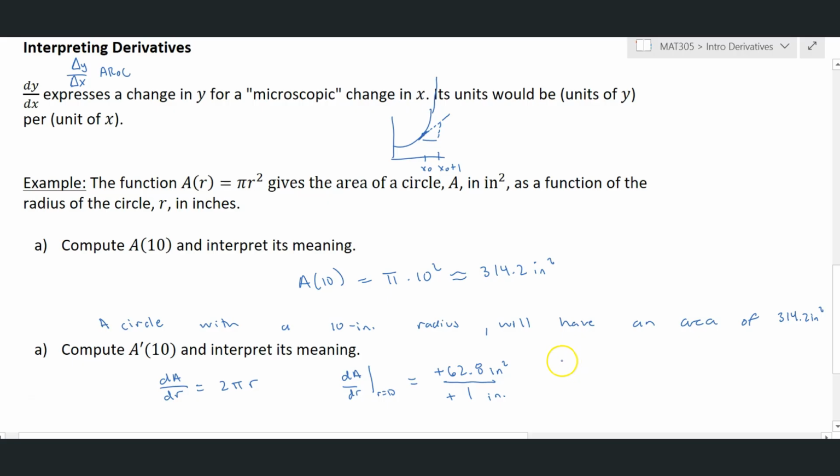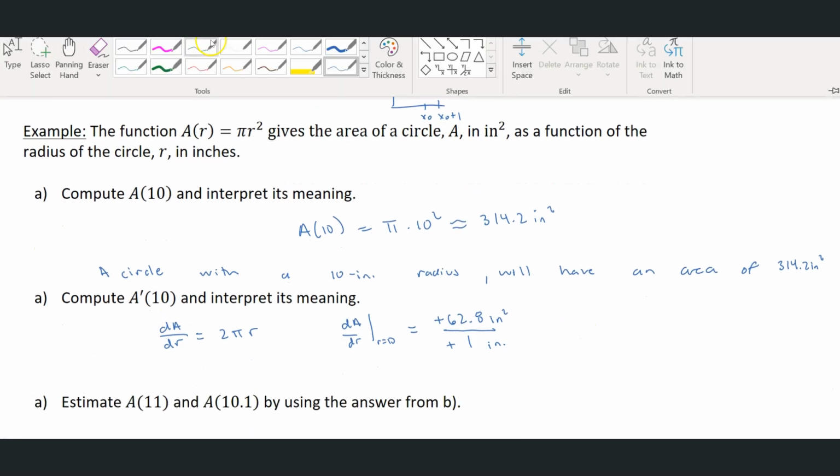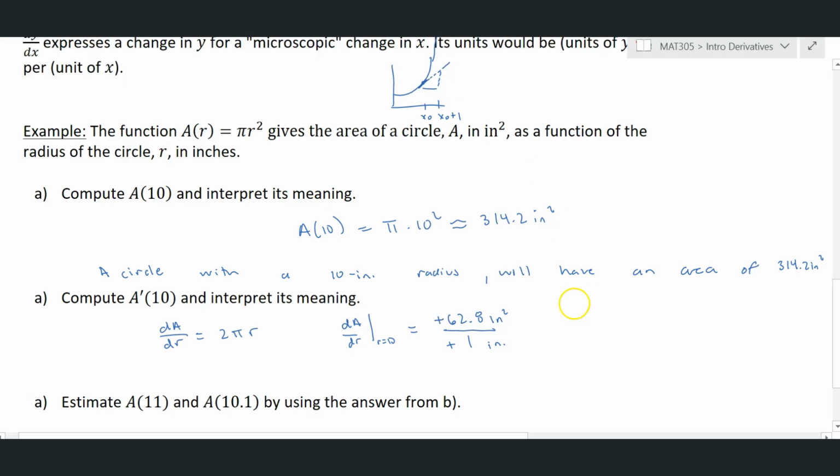Okay, but this specifically pertains to a 10-inch radius circle. So here's what we should be thinking. If I take a circle, and there's my circle, and we'll just say that this has a radius of 10.